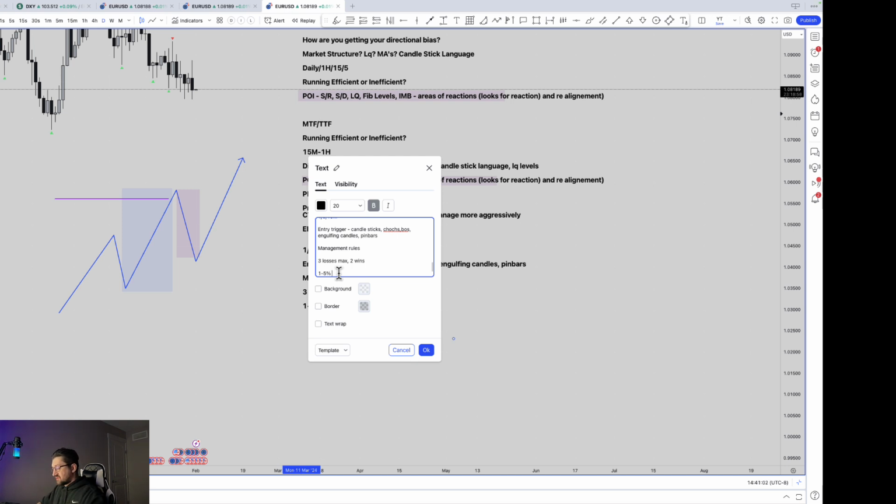Obviously, for props, for day trading, I would say probably 0.25 to 0.5. For swing, probably 0.5 to 1. So this is kind of your risk side of things.